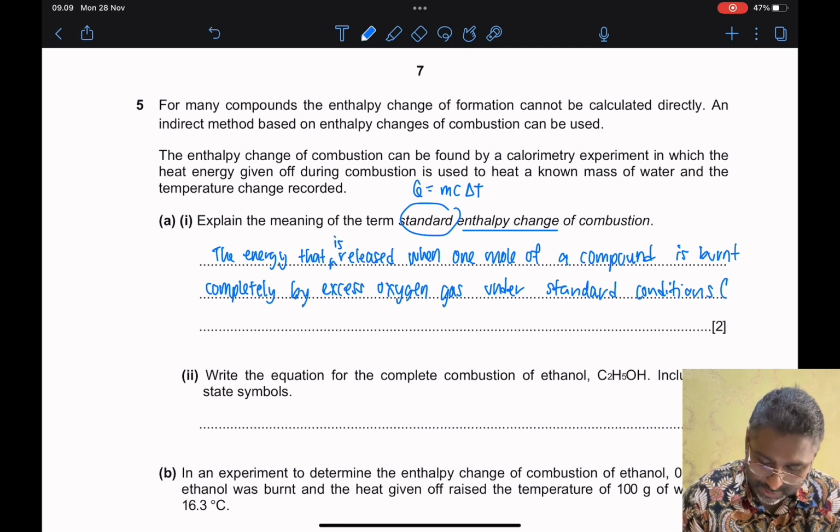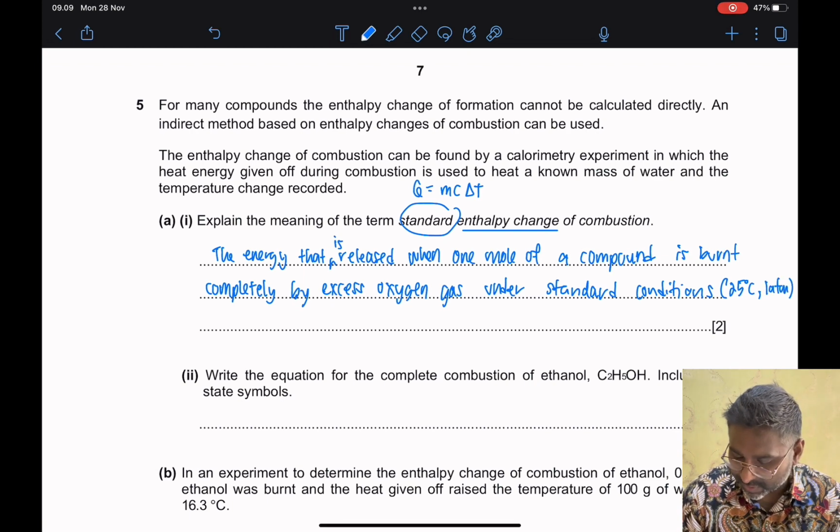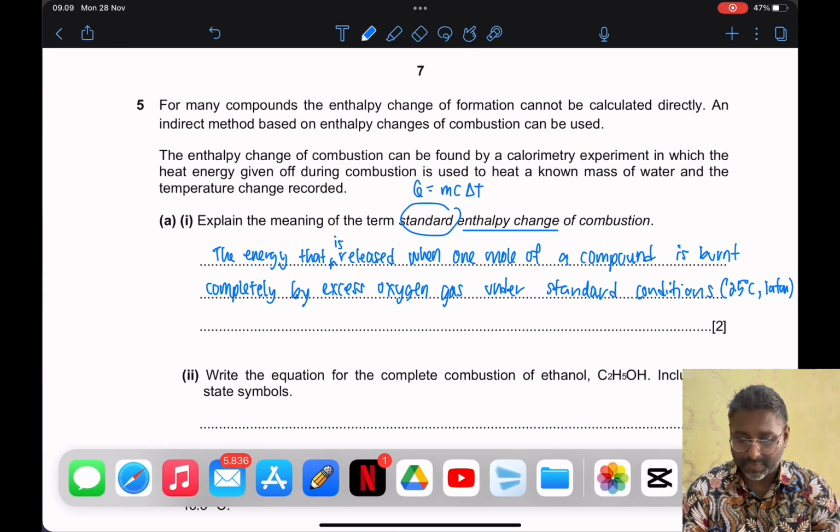The standard condition that we mean over here is 25 degrees Celsius and 1 atmospheric pressure. So that is going to be the definition.